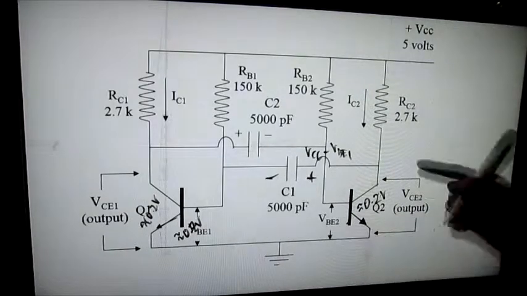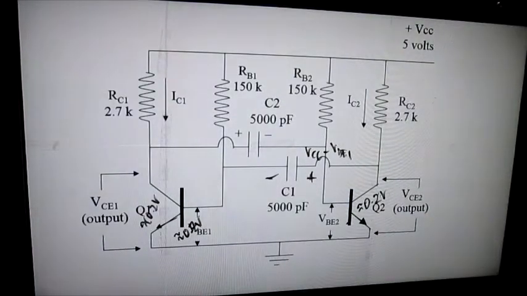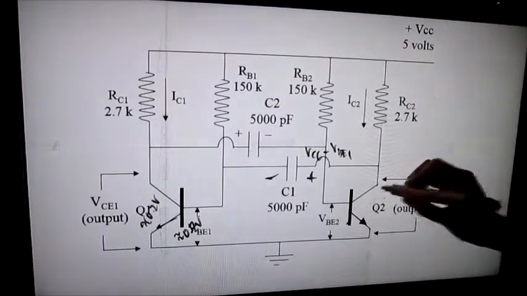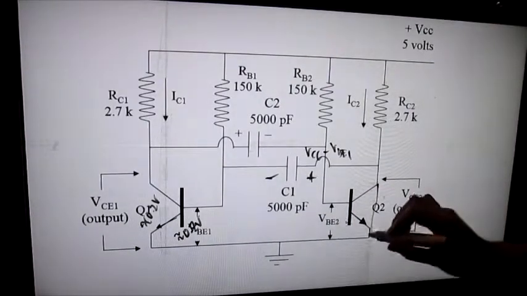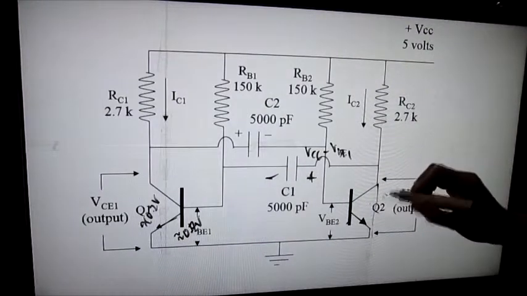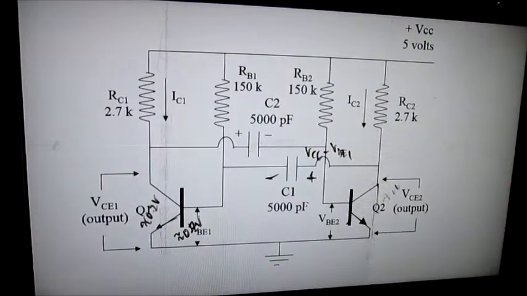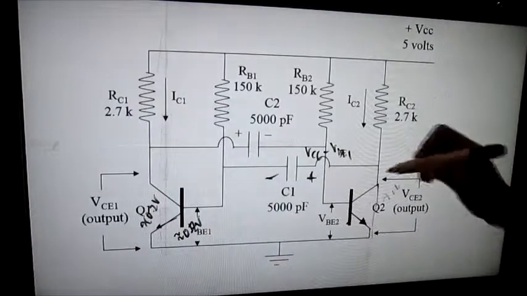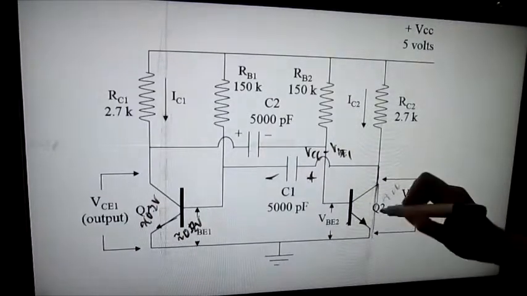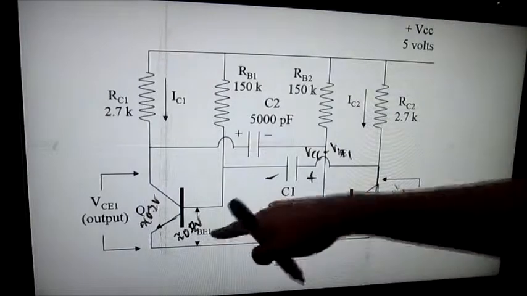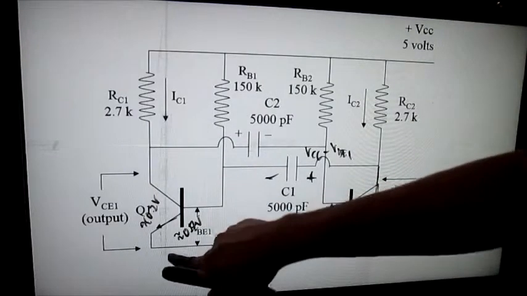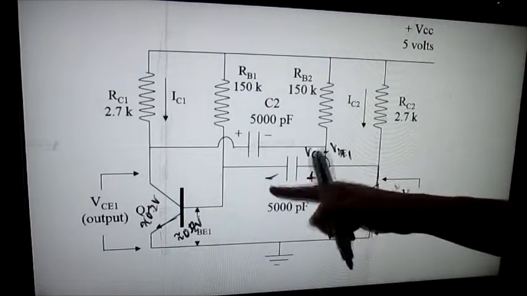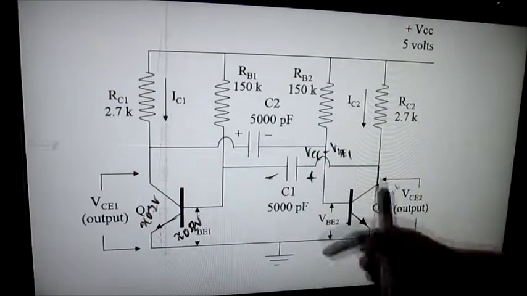To simplify our discussion, let us assume that the collector to emitter voltage of Q2 is now shorted, which means that it only has a 0 volt potential. With that, C1 is connected in parallel to the base and emitter of Q1, so this voltage is now relative with respect to ground.